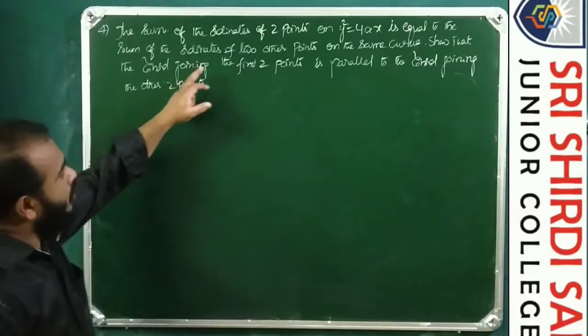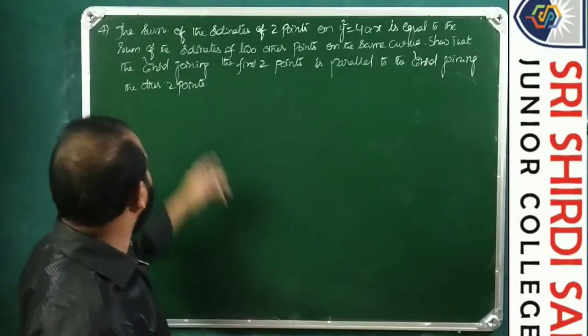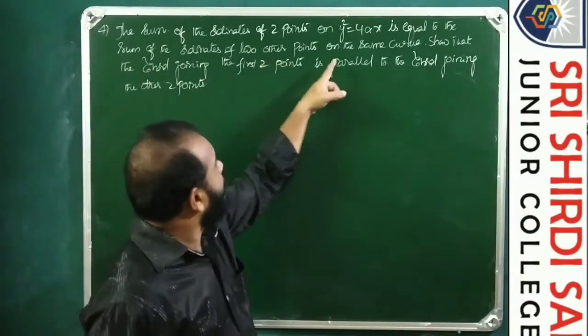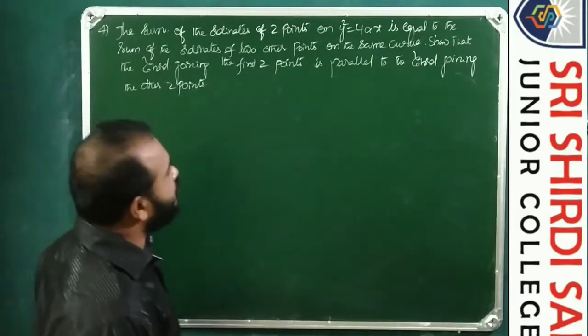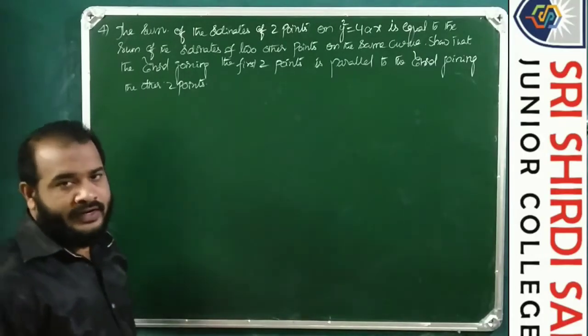The sum of the ordinates of 2 points on y square equals 4x is equal to the sum of the ordinates of 2 other points on the same curve. Show that the chord joining the first 2 points is parallel to the chord joining the other points.